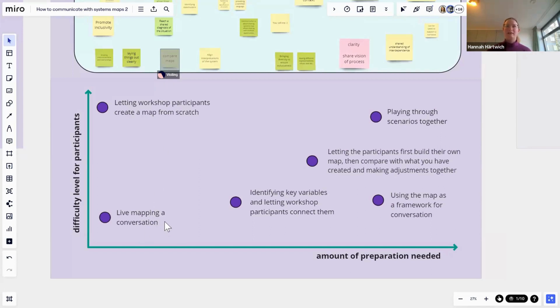Or we could be live mapping a conversation. That can look like another facilitator guiding a dialogue, and while that is happening, the systems mapper is taking notes and already structuring and connecting the ideas. The participants can see that unfolding in front of their eyes and include that in their conversation.